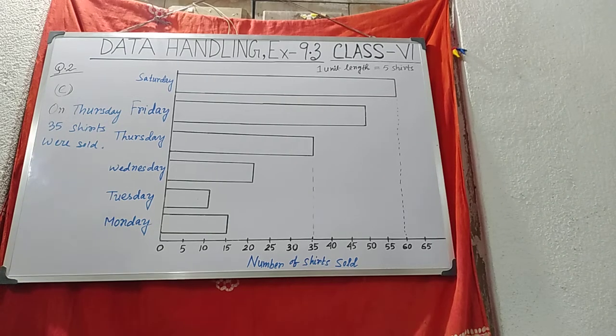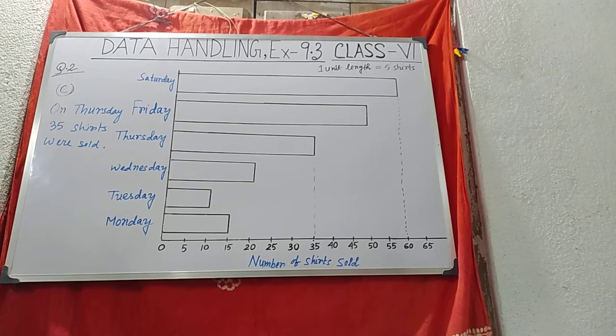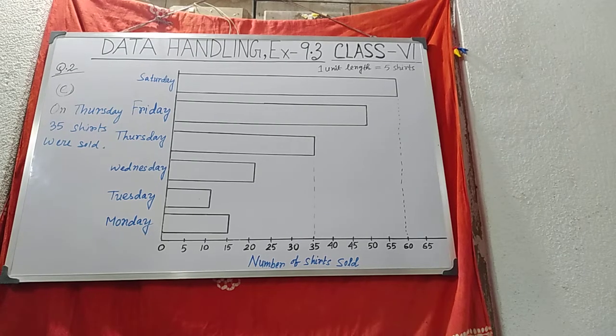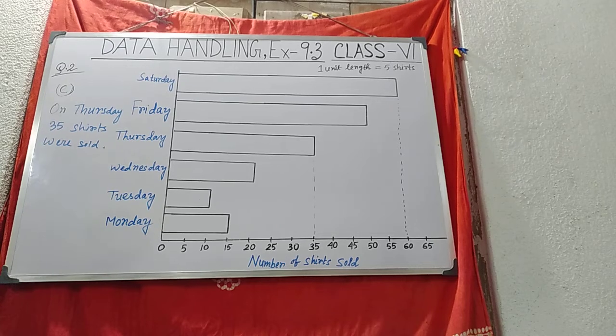So, let us recapitulate what we have got in our question number 2. In the first question it is written, what information does the above bar graph give? Our first question's answer will be, this bar graph shows the number of shirts sold from Monday to Saturday. Now our second question, what is the scale chosen on the horizontal line representing number of shirts?